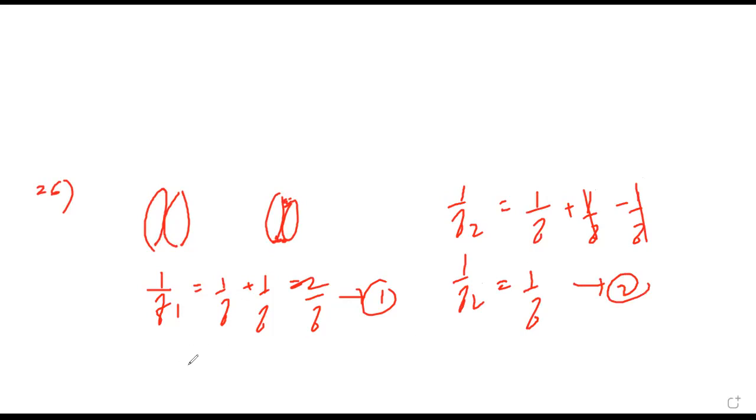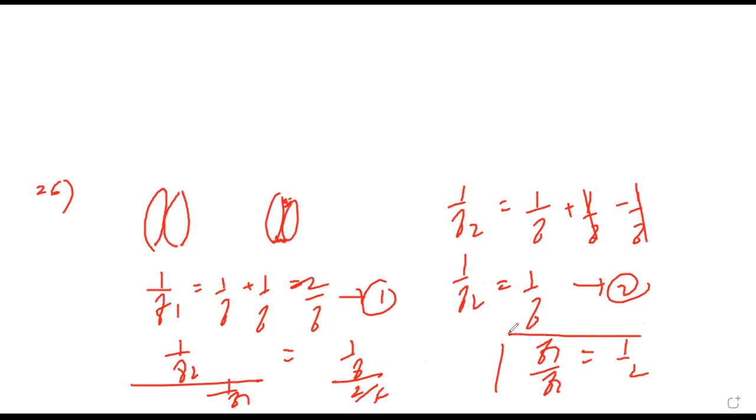This will get cancelled. So 1 upon f2 is 1 upon f, equation 2. So ratio of f1 to f2: 1 upon f2 upon 1 by f1 is 1 by f upon 2 by f. So f1 upon f2 equals 1 is to 2.